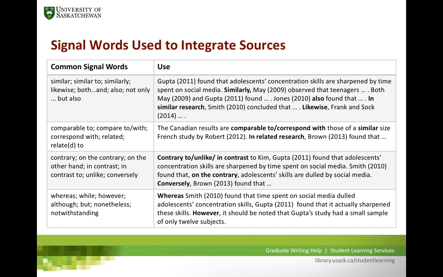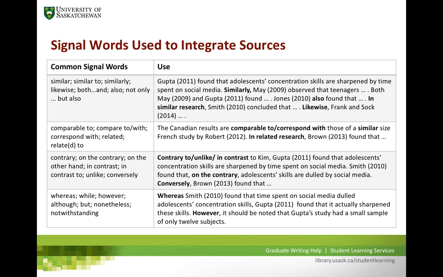And the signal words in the last row also express difference. So we have whereas, while, however, although, but, nonetheless, and notwithstanding. So here are a few of these in use. Whereas Smith found that time spent on social media dulled adolescents' concentration skills, Gupta found that it actually sharpened these skills.